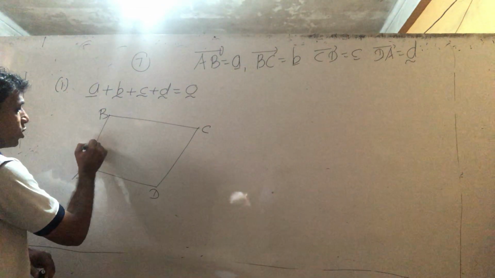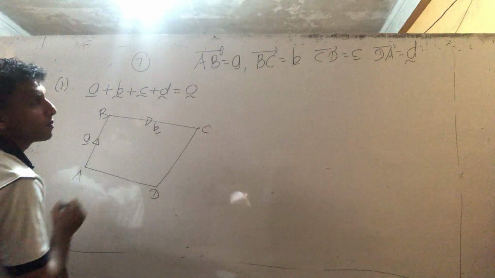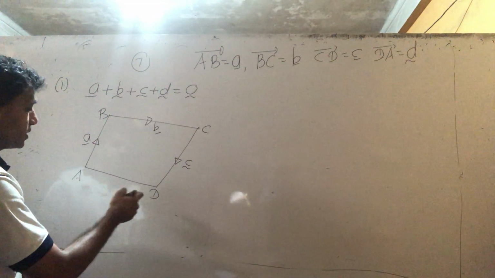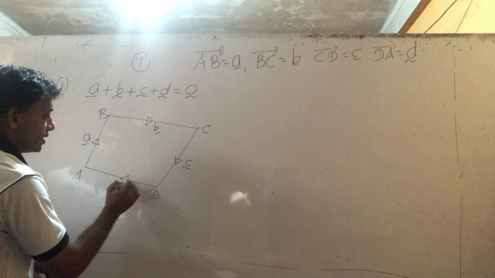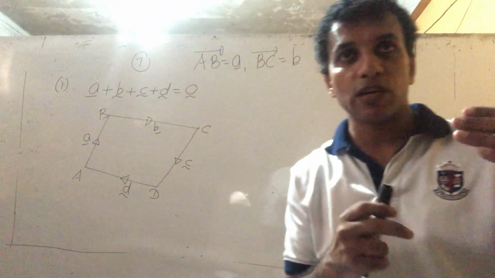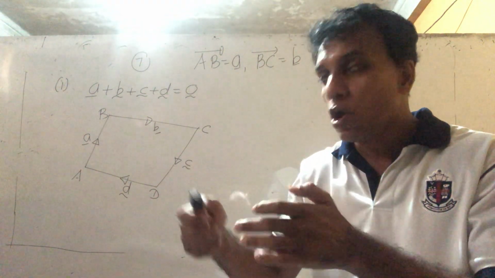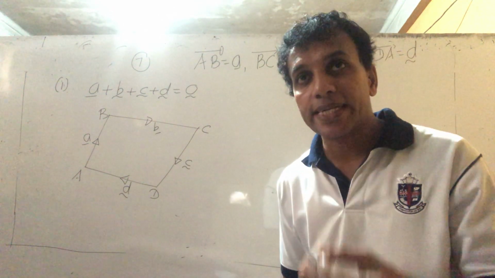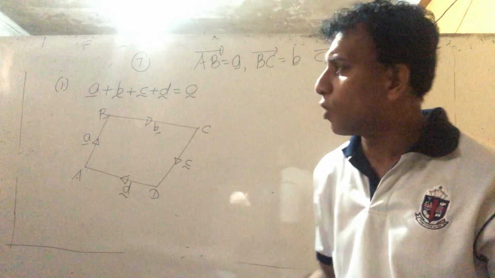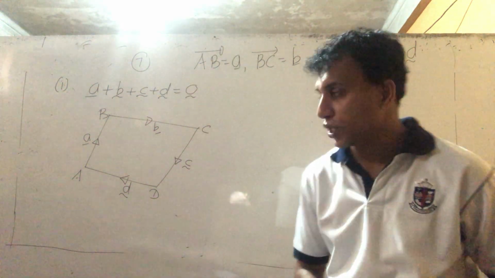They said AB equals vector A, BC equals vector B, CD equals vector C, and DA equals vector D. That is a true thing that you learn at the beginning of vectors in grade 12: vector polygon additions can be extended from the triangle to the quadrilateral, pentagon, hexagon and so on. If you add all the vectors in order, the answer is the zero vector. Anyhow, once again, we'll prove this by vector additions.